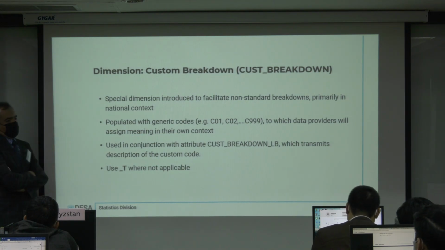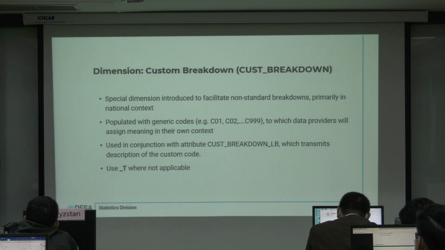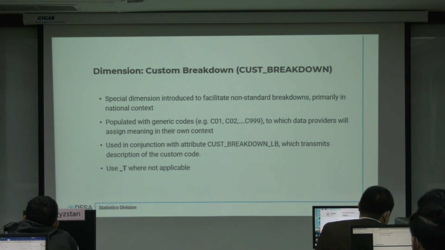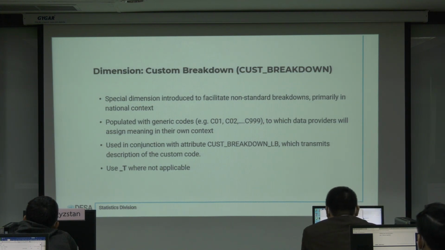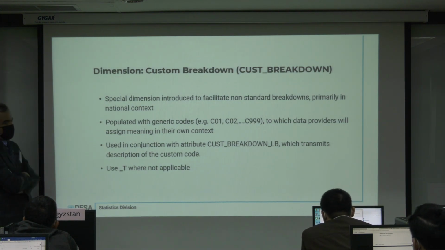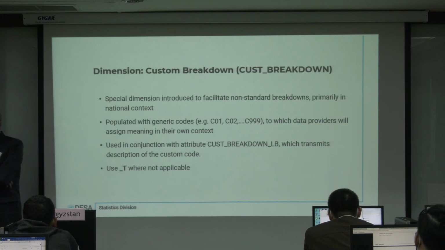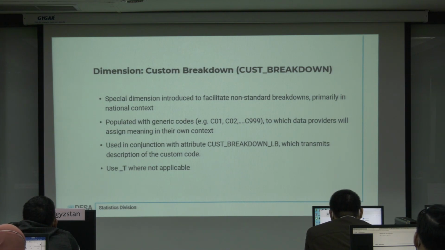For example, if you look at the sex code list, you have code M and label male. Code F and label female. Code underscore T and label total. And this is what is part of the data structure.